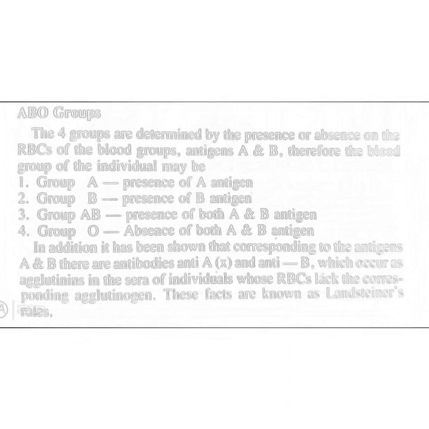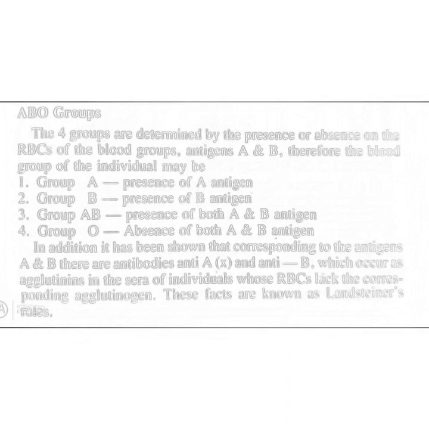Same in AB: if both antigens, A and B, are present, there is no antibody, no anti-A and no anti-B. And in group O, there is no antigen present, which means it contains both anti-A and anti-B.